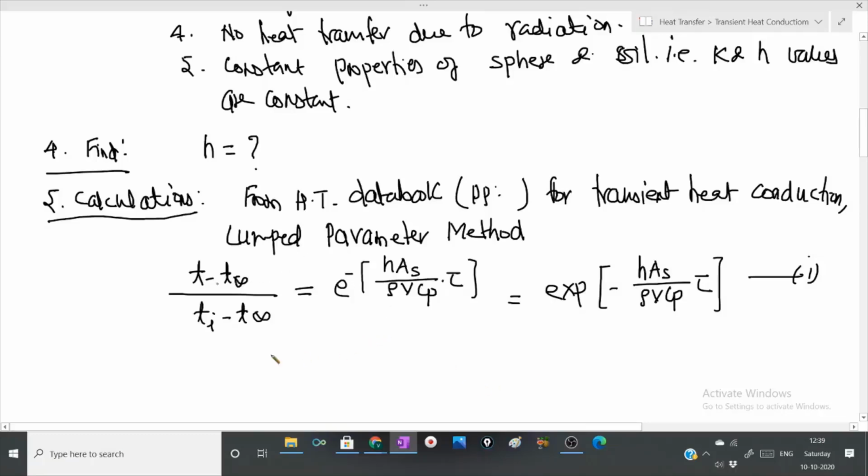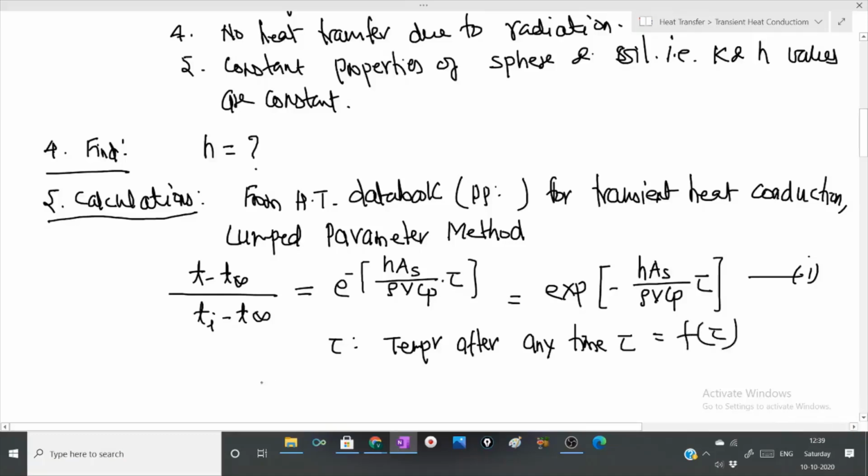T is the temperature after any time tau, and it will be a function of time.